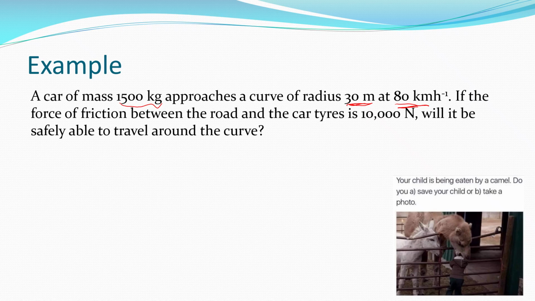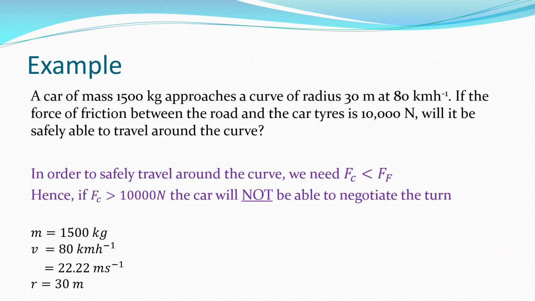So let's have a look. If it's going at 80 kilometres an hour, what we want to know is, is that going to go around the corner? Is my force of friction going to be more than 10,000 newtons, so it goes around the corner, or less than 10,000 newtons, so it slides off? In order to safely go around the corner, the centripetal force has got to be less than the force of friction.